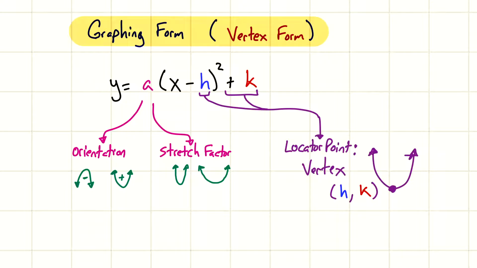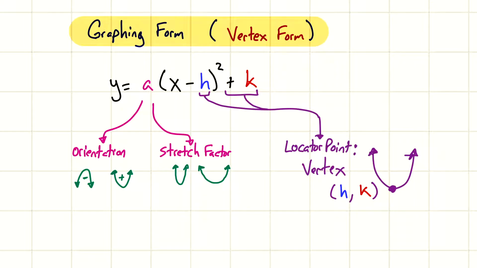It specifically tells us where our graph, where our parabola is located. So locator point, more specifically our vertex, is going to be our h and k value, which is given to us in our graphing form. So that's the nice part about this form.